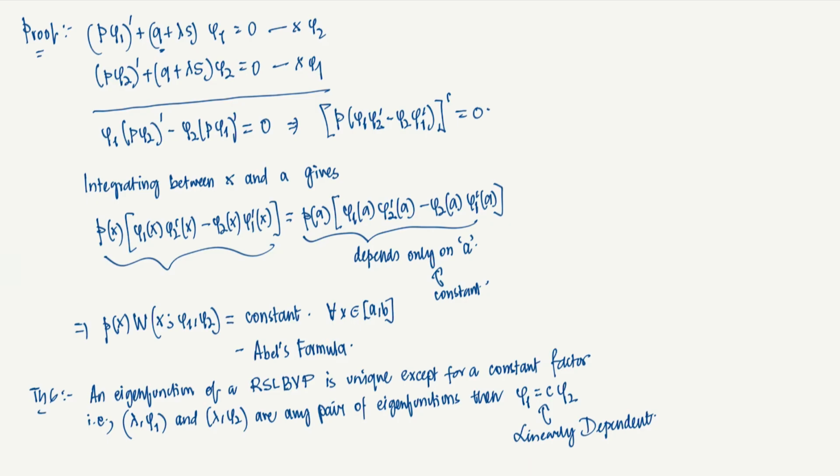This theorem says that the eigenvalue is essentially the same, lambda, but you have two different eigenfunctions corresponding to the same eigenvalue. If that happens, then those eigenfunctions are nothing but linearly dependent. Okay, so a little different. So how do you prove something like this? Let's look at the proof of it.